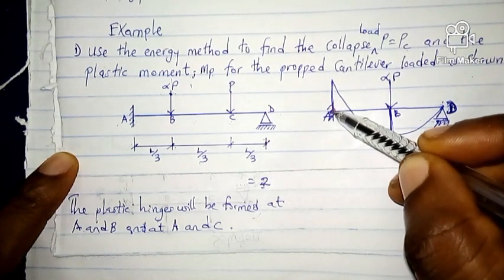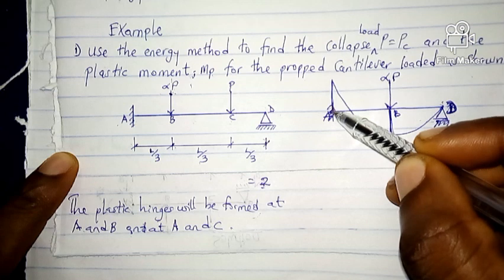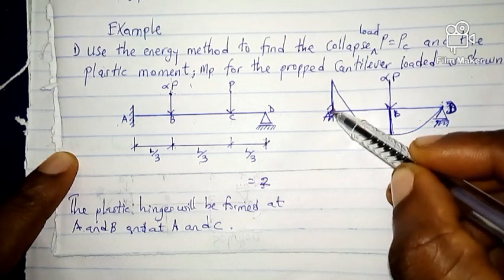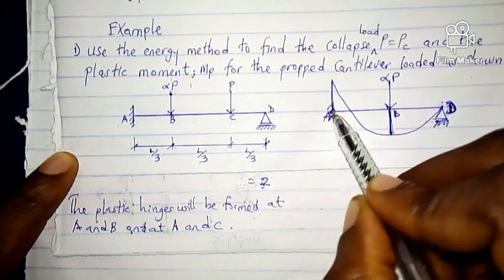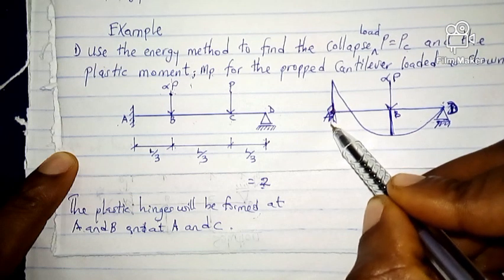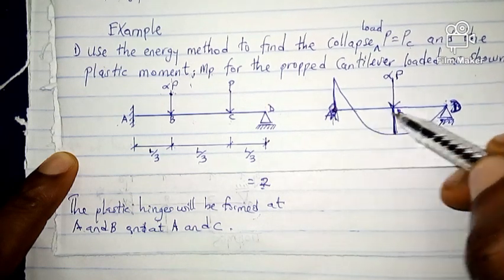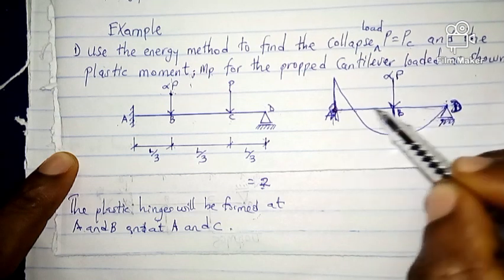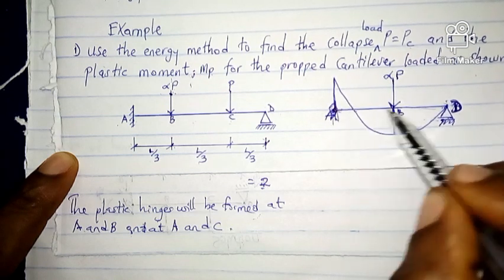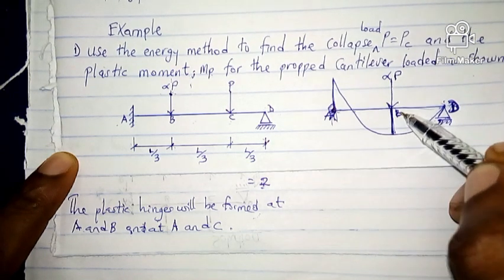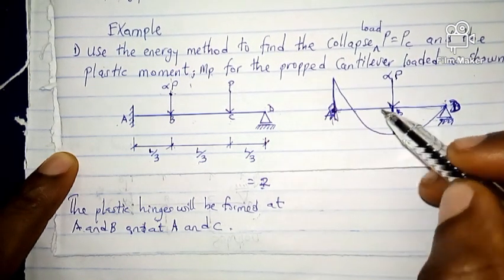The plastic hinge will always occur where you have what? A maximum moment. The maximum moment will occur at this support A, which is fixed, and at the region of the cantilever AD, at this region B. So it is at this point.